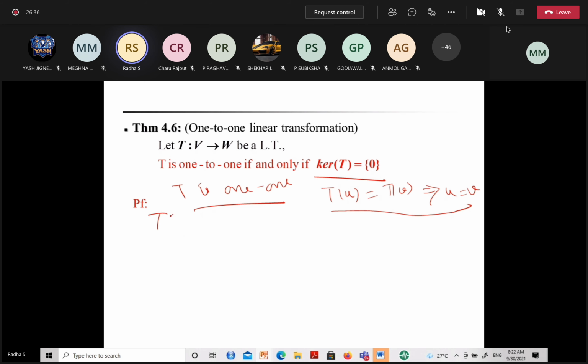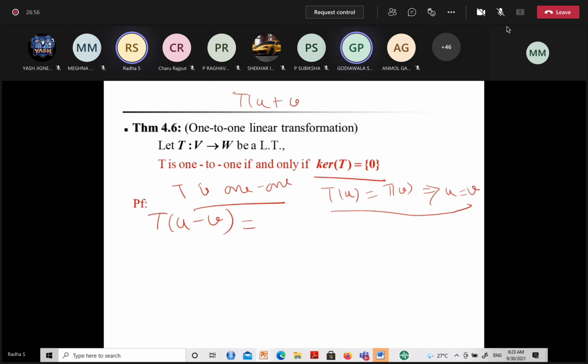Okay, I'll start like this. So what is T of U minus V? I'll prove that U and V are same. Right? What is T of U minus V? Use the concept of linear transformation, the definition of linear transformation.